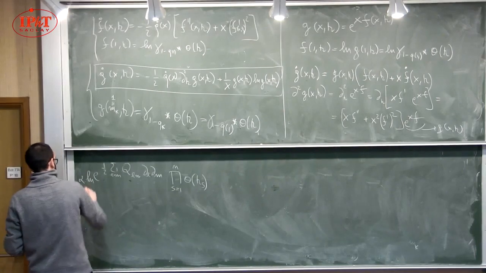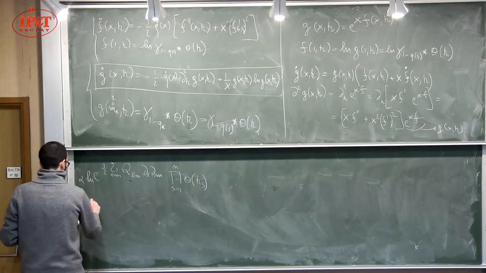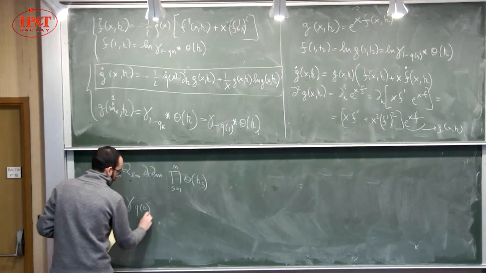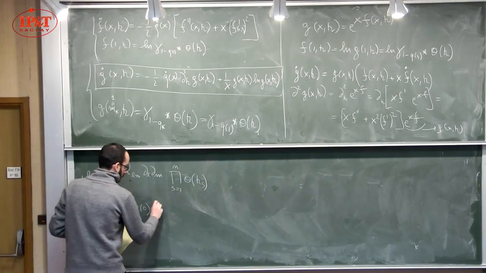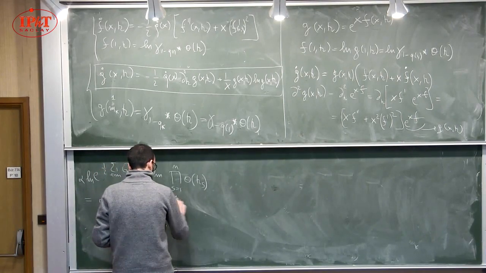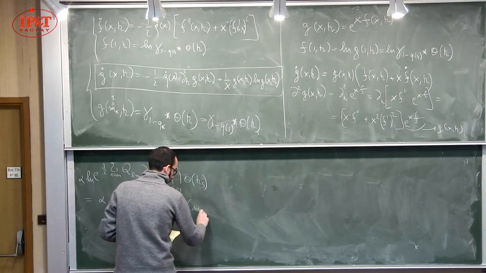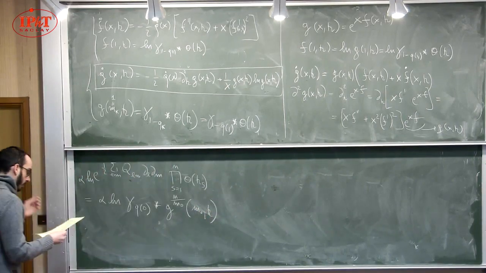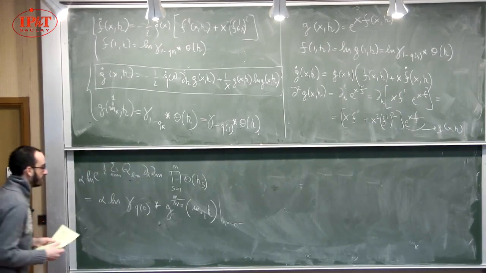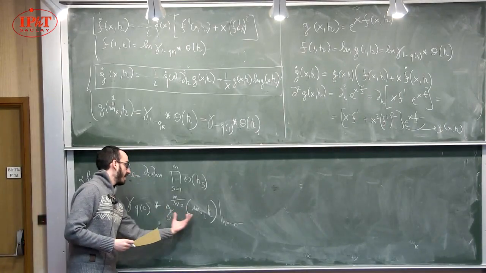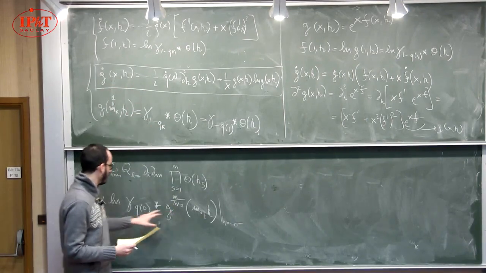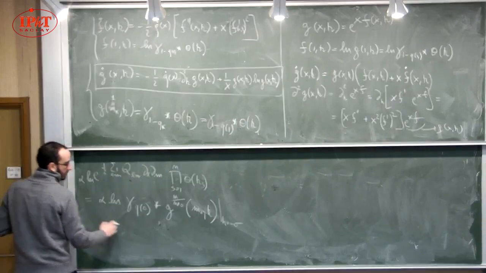This term will be evaluated at h. So this is the result of this integration: we integrate this equation starting from this initial condition up to here, and the term that enters in the S of Q is just given by this.